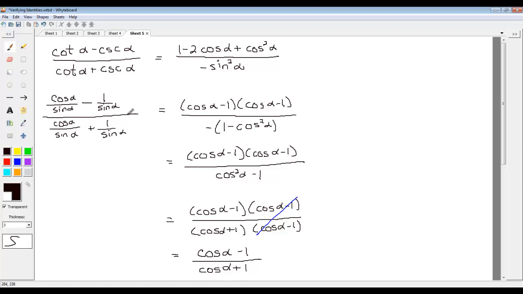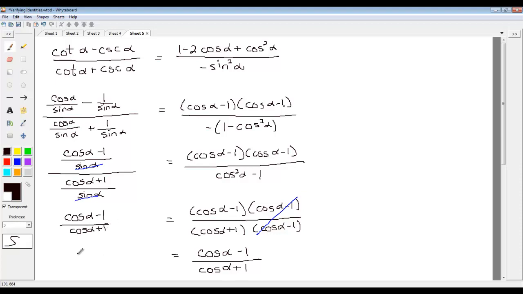Okay, so then I've got cosine alpha minus 1 all over sine alpha in the numerator. I've got cosine alpha plus 1 all over sine alpha in the denominator. Well, these sine alphas are going to reduce, leaving me with cosine alpha minus 1 over cosine alpha plus 1.